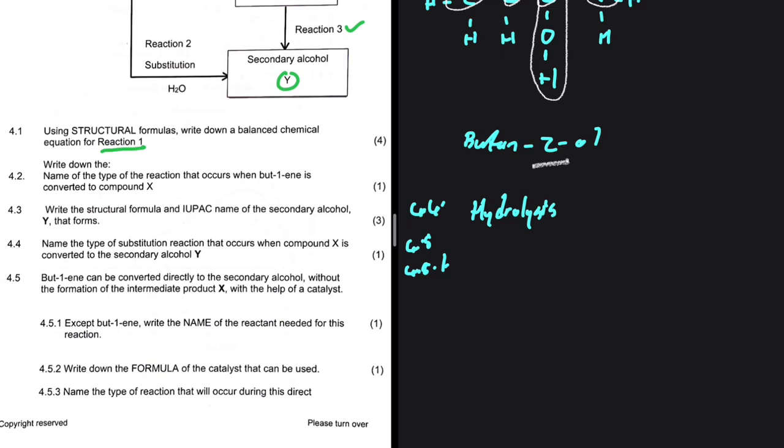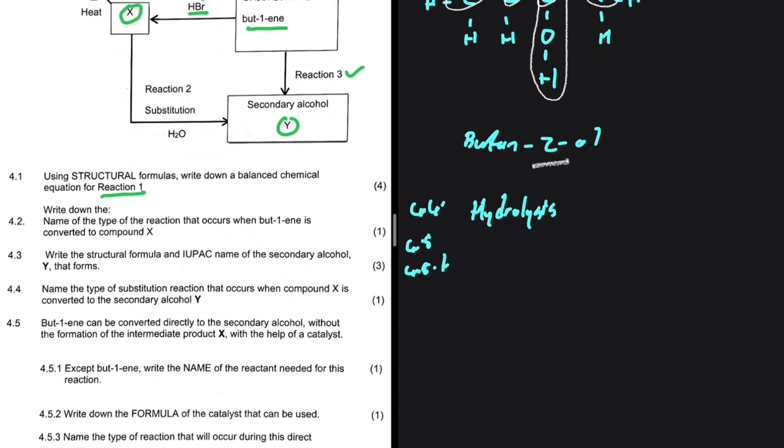Well, a reaction that takes us from but-1-ene to the secondary alcohol is an addition reaction. But they don't say that now in 4.5.1 because it is the question in 4.2. So if they tell you what it is, then you can actually say, oh, okay, it means that the answer to 4.2 is addition.